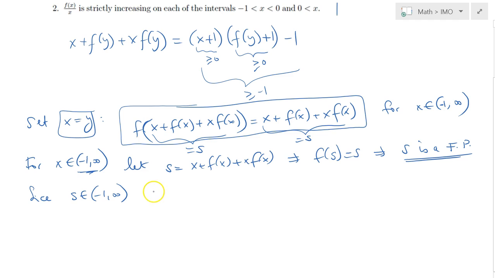So we would get that f of (s plus f of s plus s f of s) is equal to s plus f of s plus s f of s.